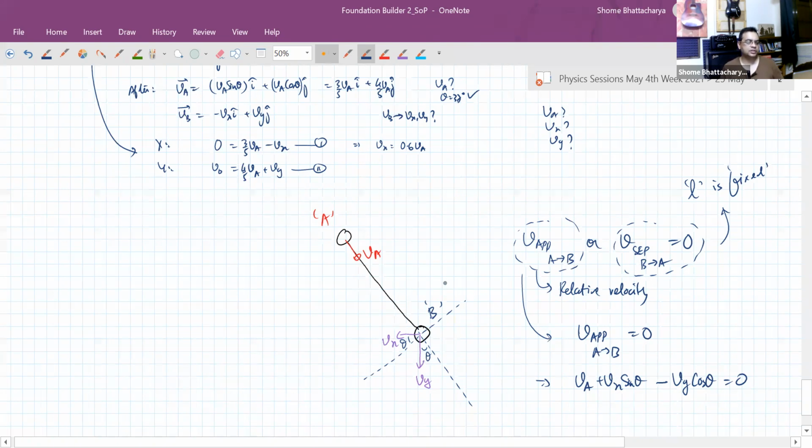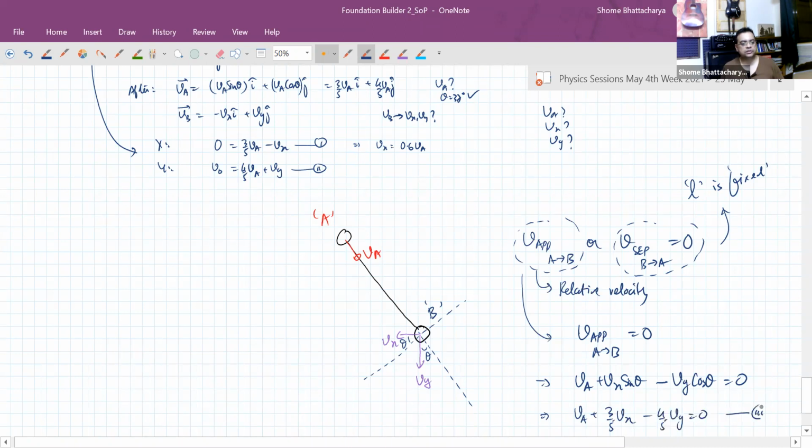Now superimpose the three things, that A is also moving with VA. B is having an X component Vx in this direction, so that is bringing it closer to A by a factor of Vx sine theta. It is having a Y component in this direction, so it's separating it at the rate of Vy cos theta. So that is equal to 0. So ultimately we are getting this equation, that VA plus 3 by 5 Vx minus 4 by 5 Vy is equal to 0.